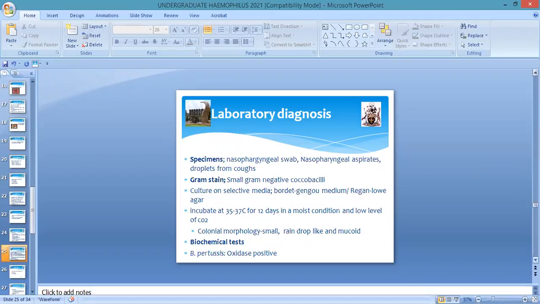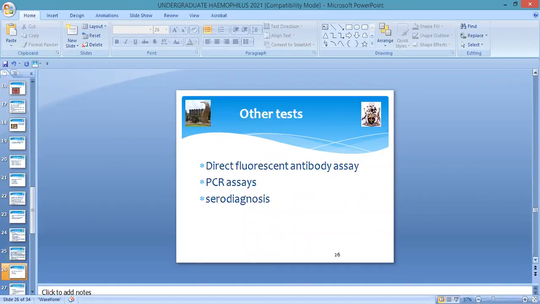In terms of biochemical tests, you can test for production of cytochrome oxidase because they are oxidase positive. So considering the time that culture takes, most people will prefer some tests that are quite fast, like direct fluorescent antibody assays, PCR assays, and also serodiagnosis.